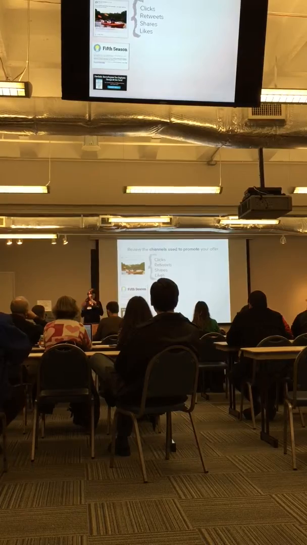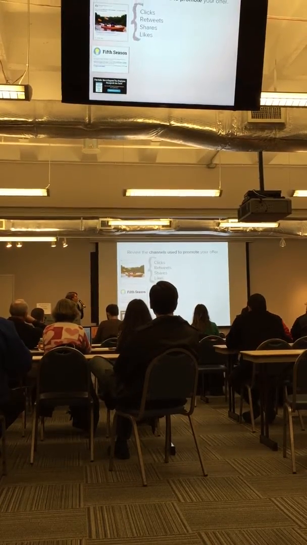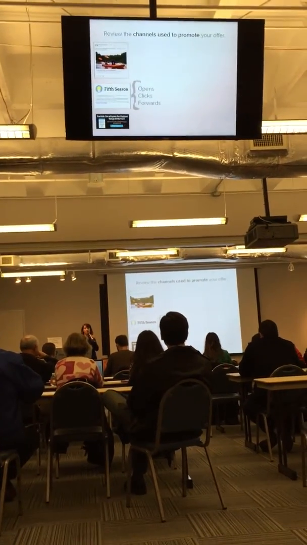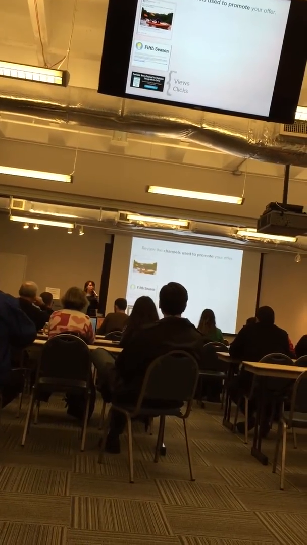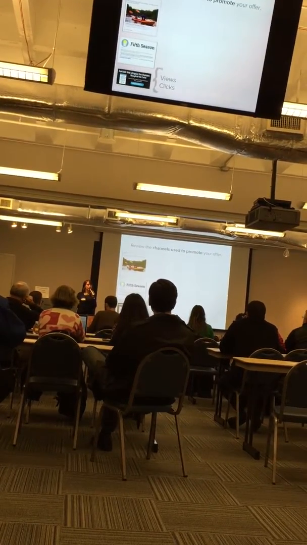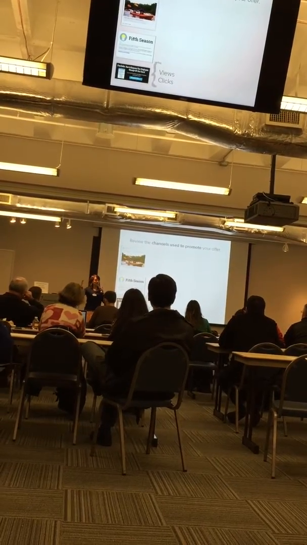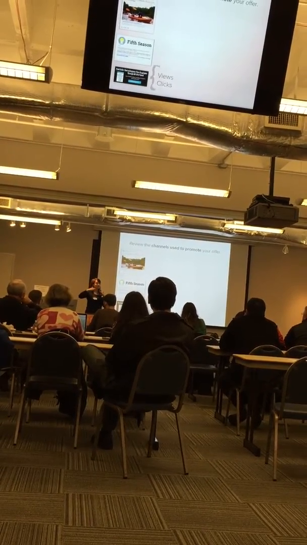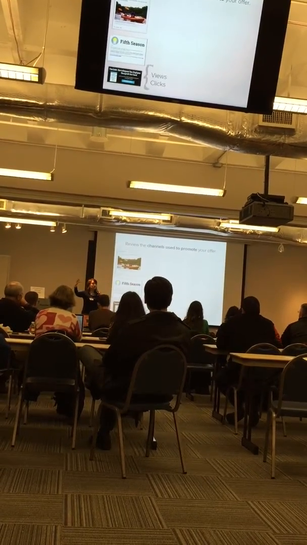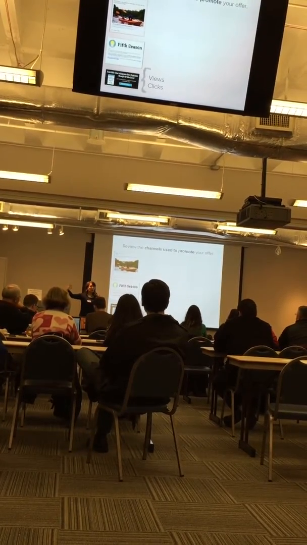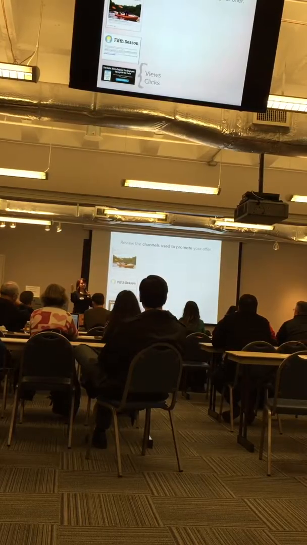In the case of email, you're looking at opens and clicks, maybe even forwards. And in the case of calls to action, you're looking at views and clicks. And those all help you gauge the relative reach of that campaign. How many people potentially saw or were aware of that campaign?